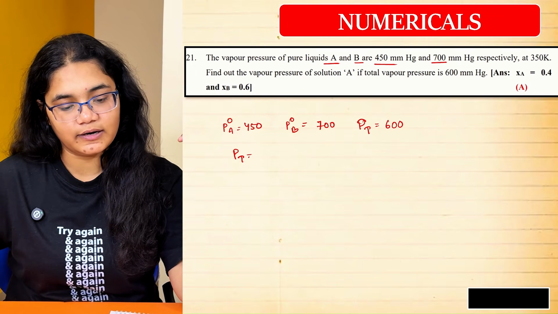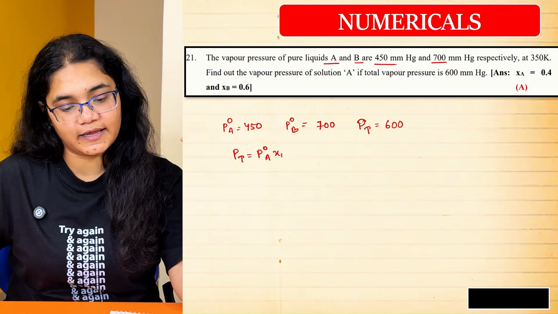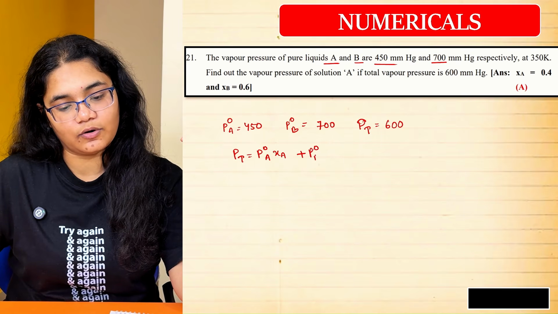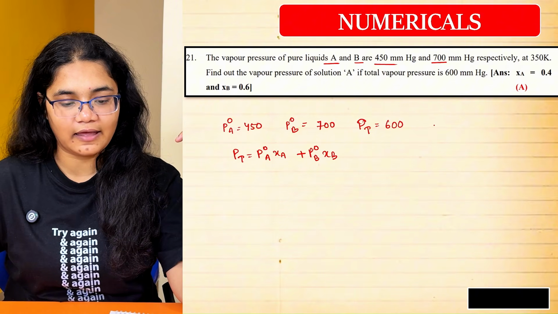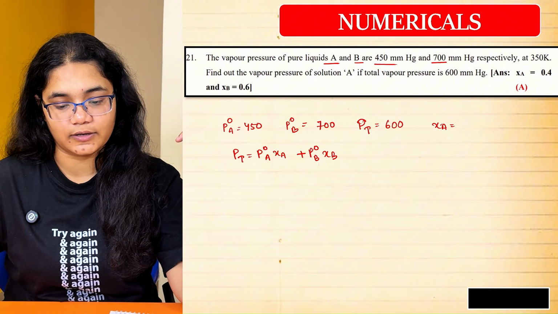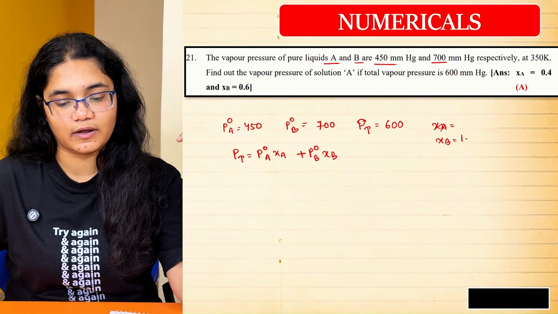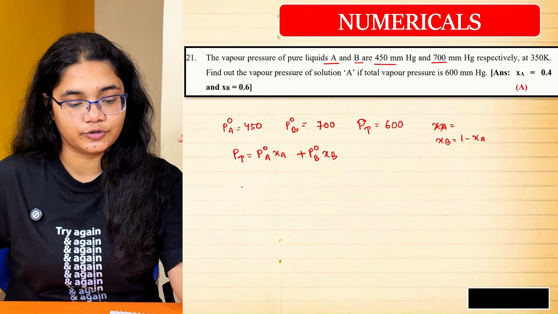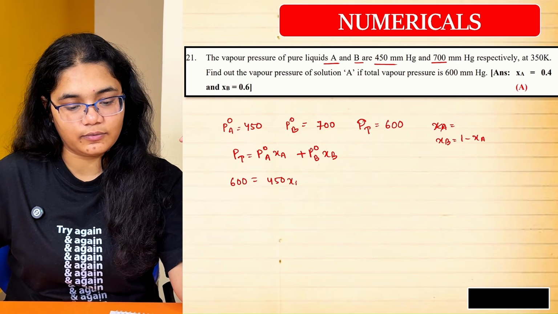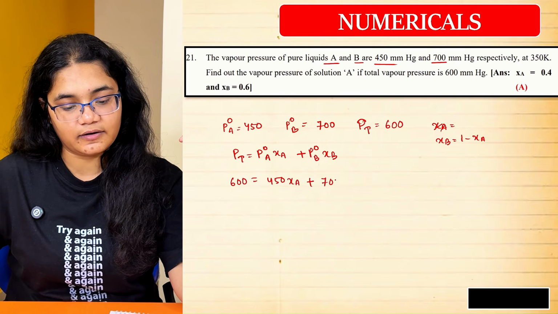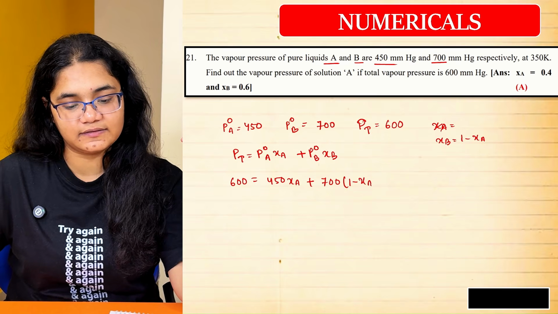P total is equal to P naught A XA plus P naught B XB. Now you know that XB can be written as 1 minus XA, right? Let us substitute that. P total is 600, P naught A is 450 into XA plus 700 into XB, 1 minus XA.